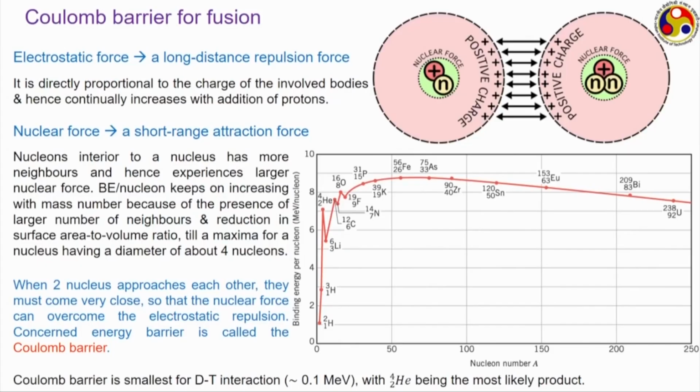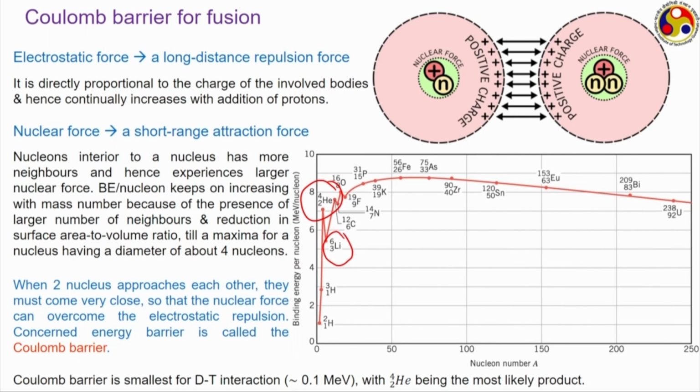And also helium 4 is the most likely product of such a fusion reaction, because, as the graph shows, helium 4 is some kind of anomaly. Generally on this side, as the mass number increases, binding energy per nucleon increases continuously, apart from helium 4, which has higher binding energy per nucleon compared to the next nucleus in line, lithium 6.